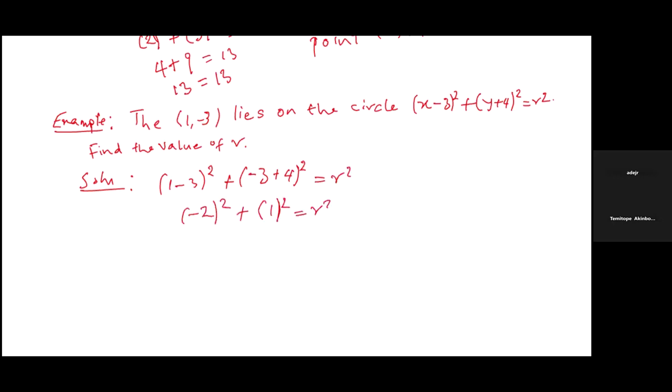So 4 plus 1 equals r squared. 5 equals r squared. And that means that r is root 5. So that's the radius.